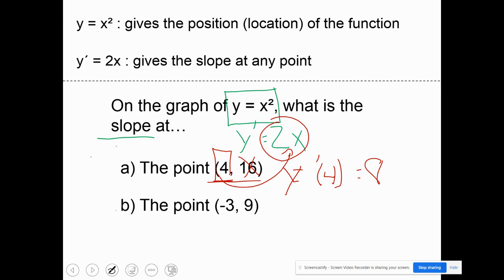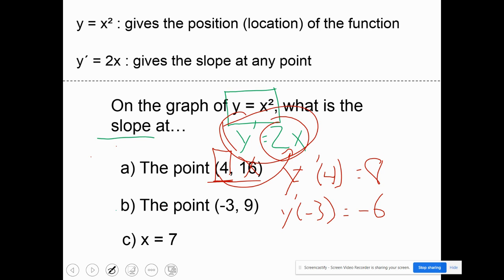Okay, how about at the point (-3, 9)? y prime of -3 is equal to what? I go to my slope formula, I plug in my -3, and I get -6. It has to have a steepness of -6.